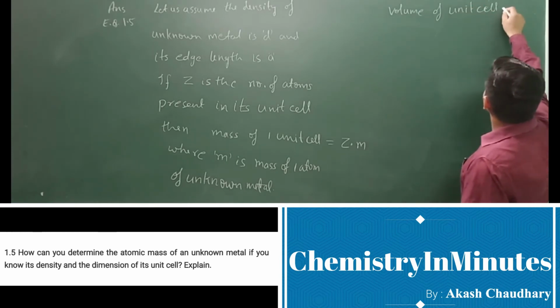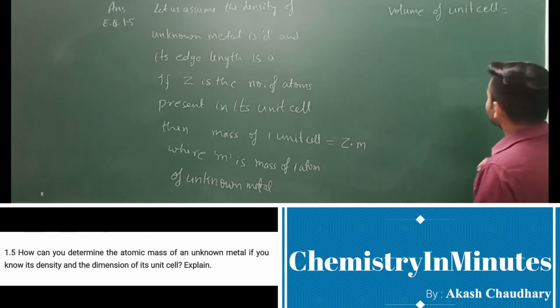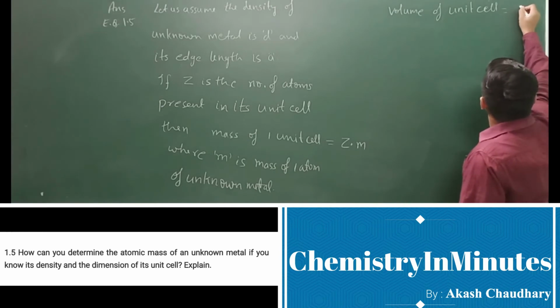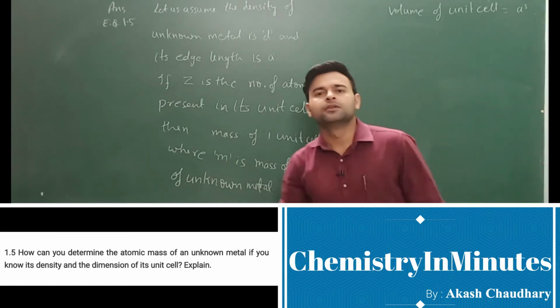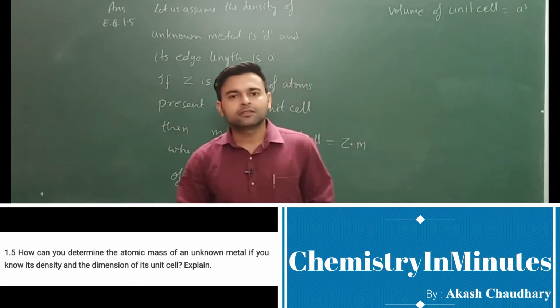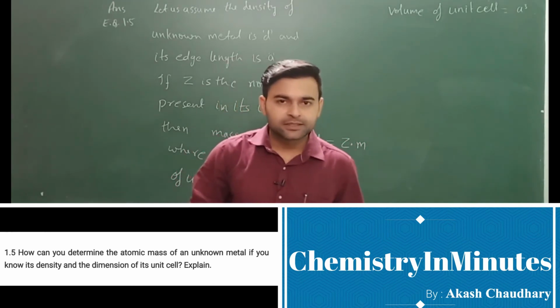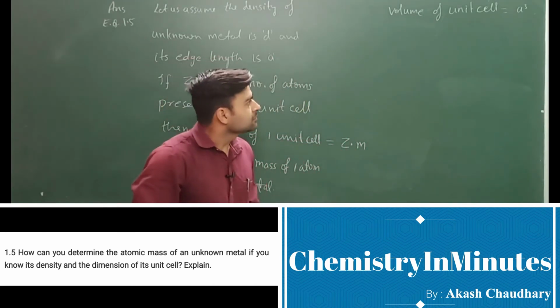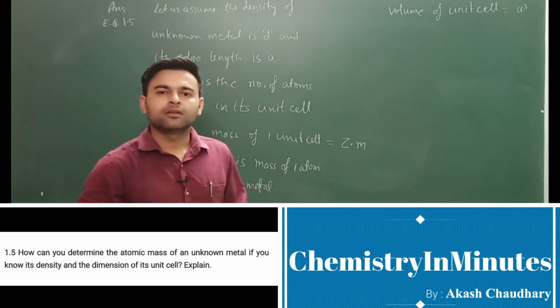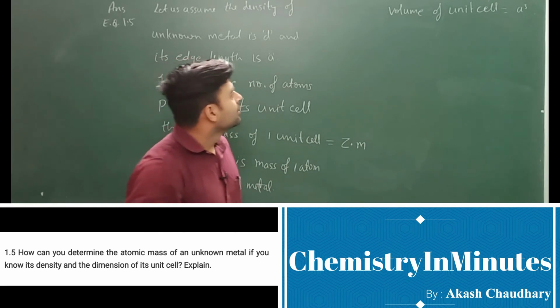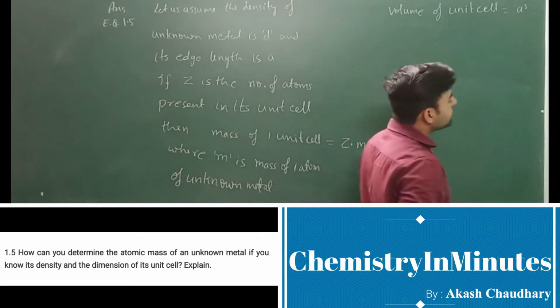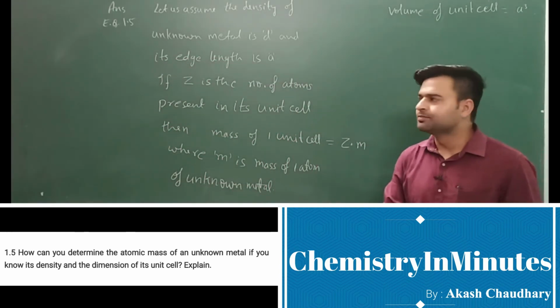So we are considering it to be a cube, so we are taking the volume as a cube, and if the dimensions are different, that is the three edge lengths are different, then the volume will be simply the product of three edge lengths. Now volume of unit cell is a cube.